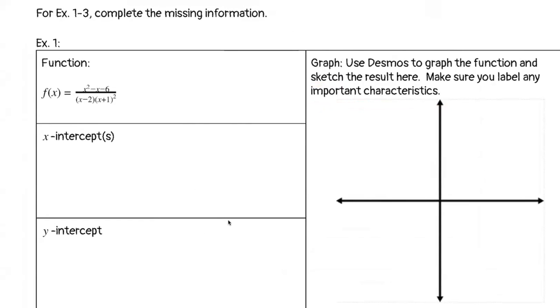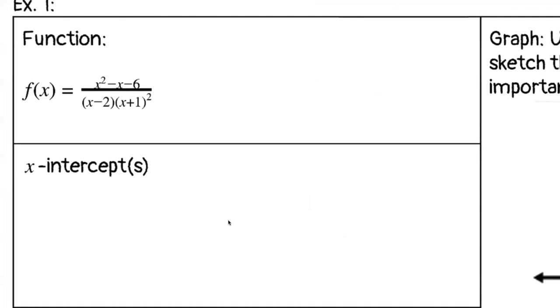Whereas the other pieces that might be there in a Desmos graph, maybe we don't know those from our function, right? There's a very fine line between what we know from an equation versus what the graph actually looks like. And it's okay to not have all the pieces. Part of this is sketching something from some information. So if we take a look at this given f of x, we'll notice that the numerator, kind of like that last example we looked at right before break, is not factored.